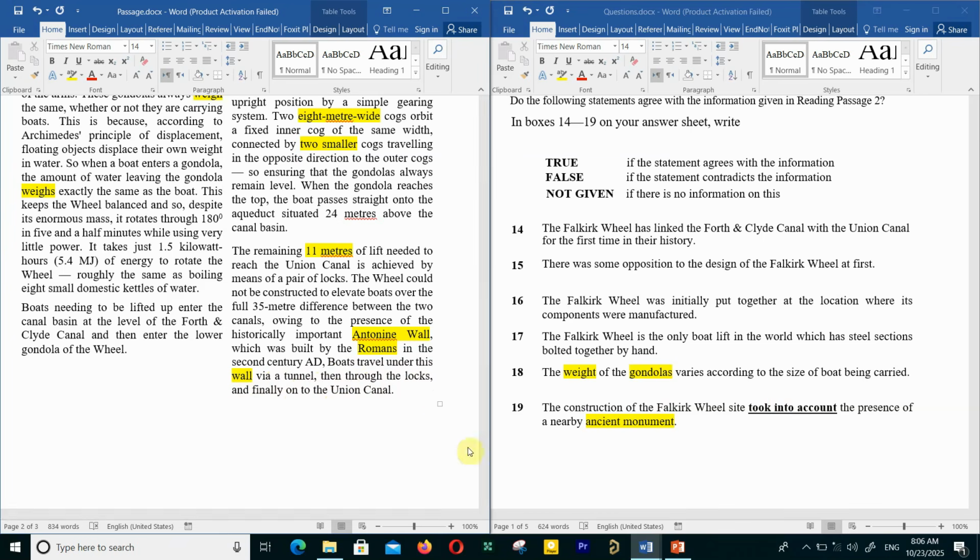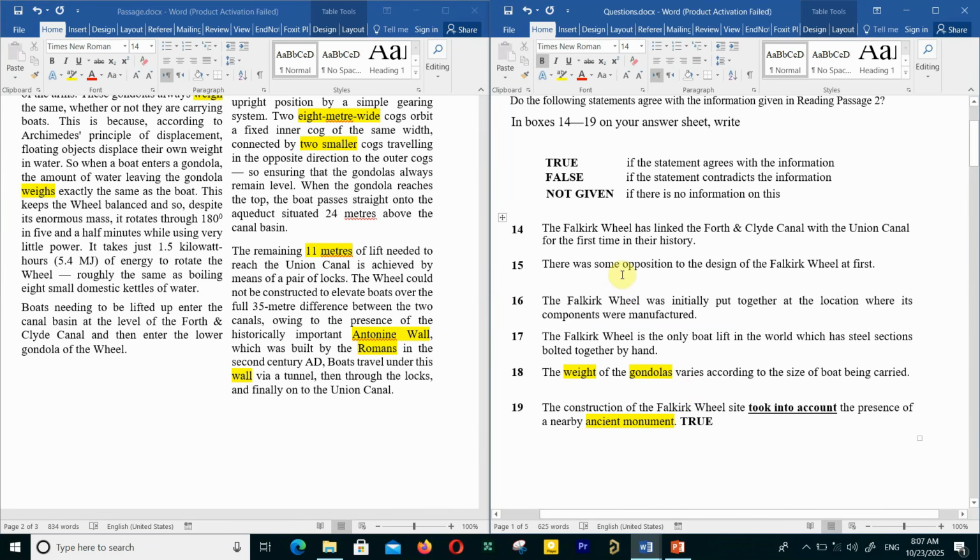So this is took into account the presence of a nearby. It's just said in here, and this sentence makes us sure that this is completely true. So for question 19 you had to write true.